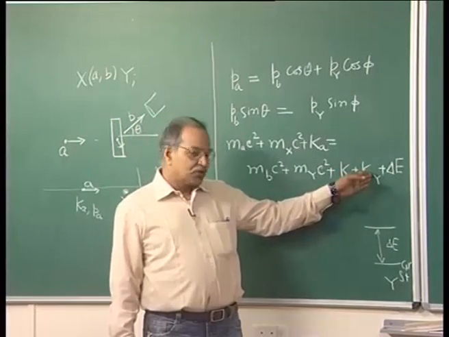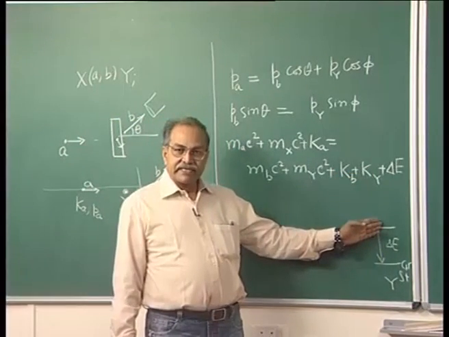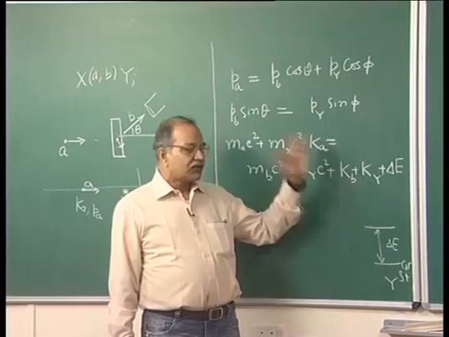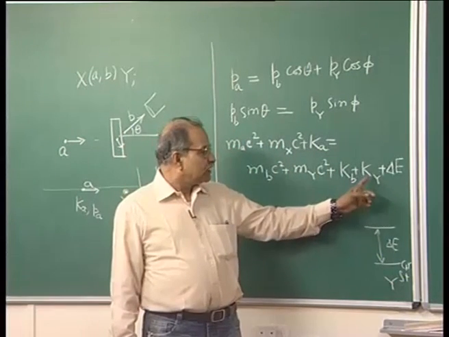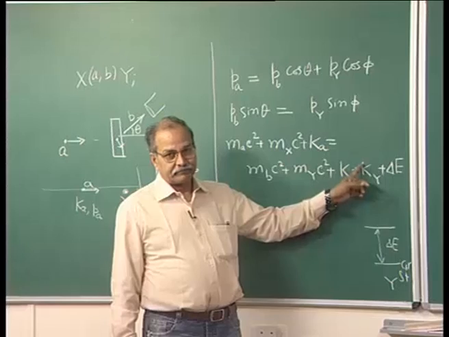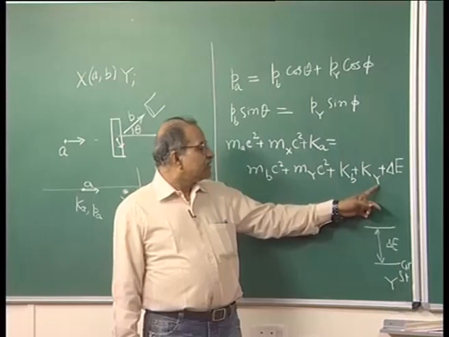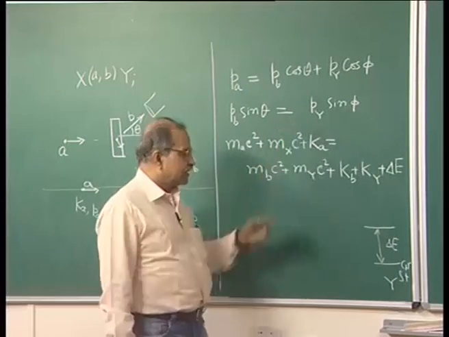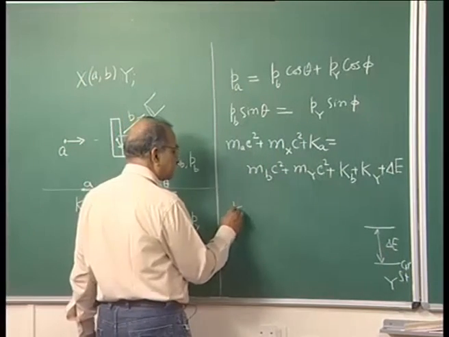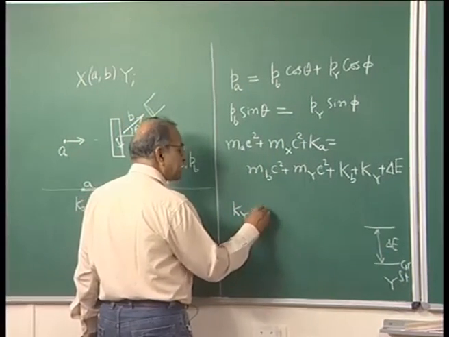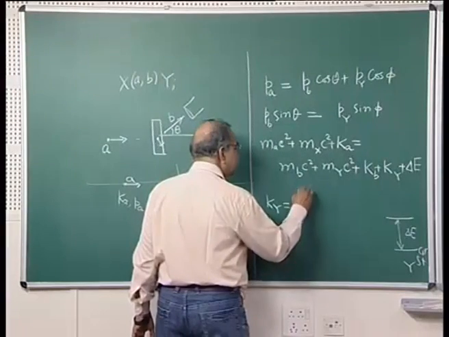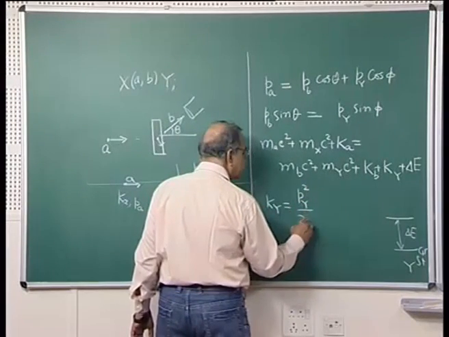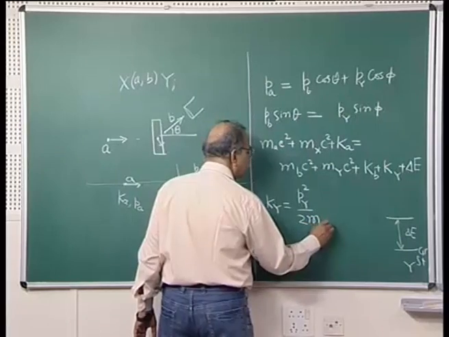So, if we want to know this excited state energy ΔE from this experiment, I should eliminate K_y, and this K_y can be eliminated using these two momentum equations, because K_y is p_y² divided by 2 m_y.